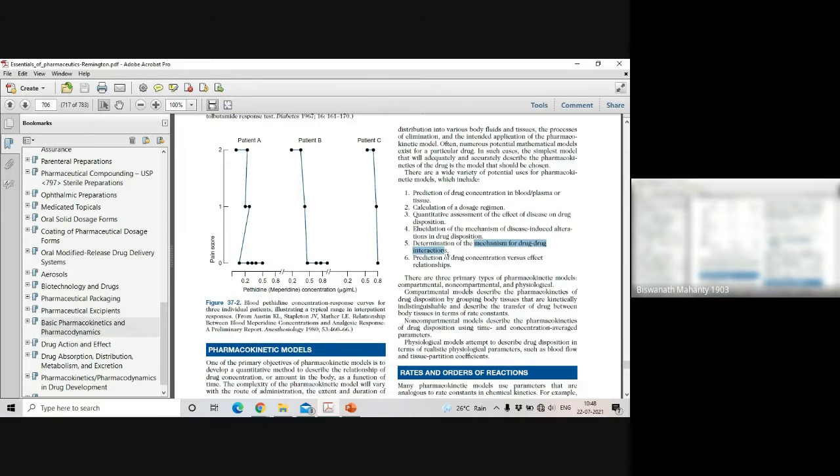If two drugs are interacting, what will happen? Your drug concentration profile will change. So it all depends on whether there are two compounds interacting in this process. It is also used to predict the drug concentration versus effect relationship, concentration versus result. As I told you just now, that is going to result in a pharmacodynamic model.